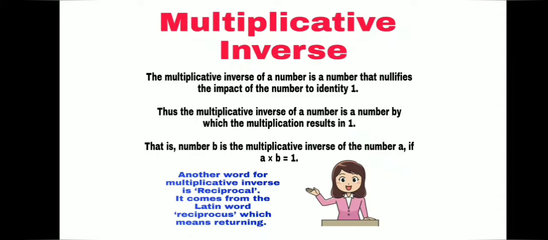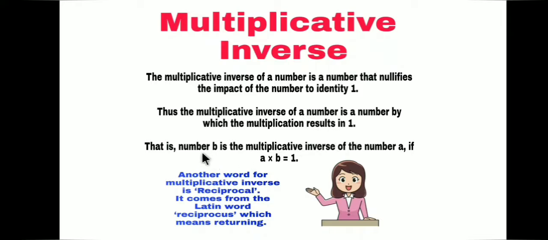Before going through the concepts of division of rational numbers, we need to know a few things. First is multiplicative inverse. The multiplicative inverse of a number is a number that nullifies the impact of the number to identify 1. This means that the multiplicative inverse of a number is a number by which the multiplication results in 1.